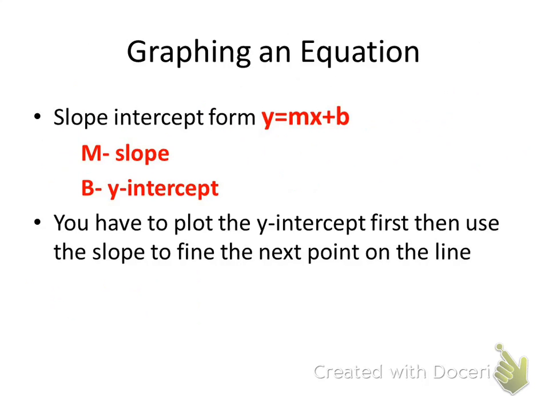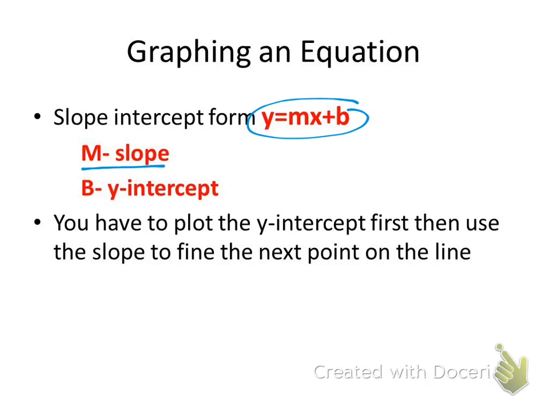Next example. But first of all, before we get into it, I want you to write this down. Graphing an equation. There is a certain form in algebra that you have to know, because it is always going to come up, and that is slope-intercept form, which is y equals mx plus b. Now, if you'll remember, the m, we just learned that, represents slope.